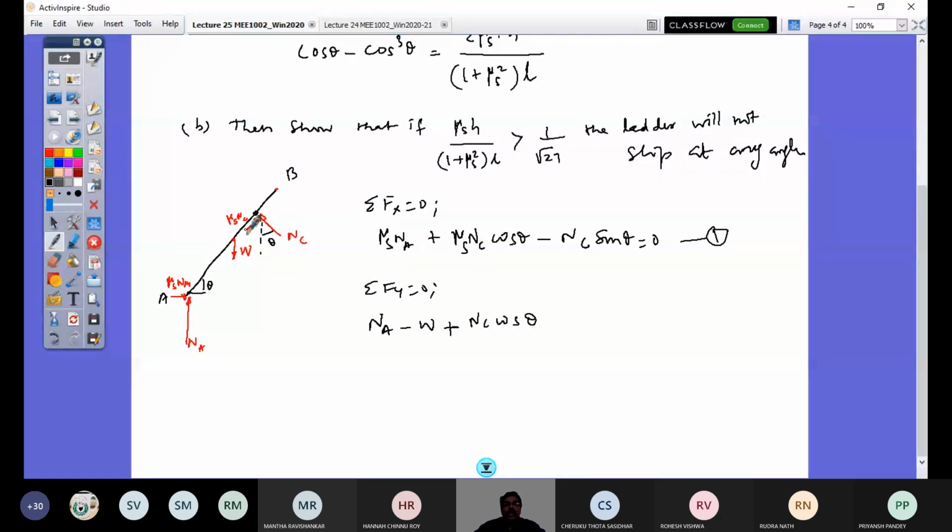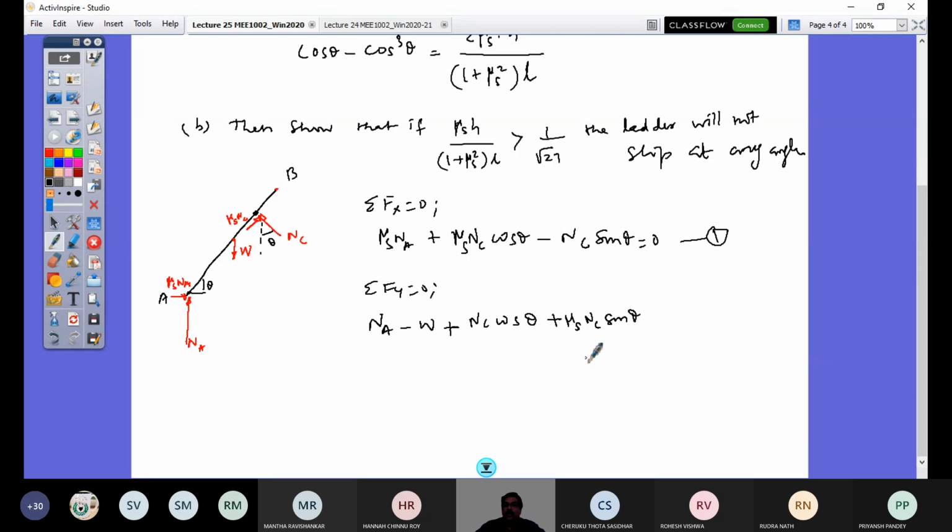And this would again be inclined to the horizontal by theta, so I require the vertical, so that is opposite, so it is plus mu s NC sin theta, right? Mu s NC sin theta.